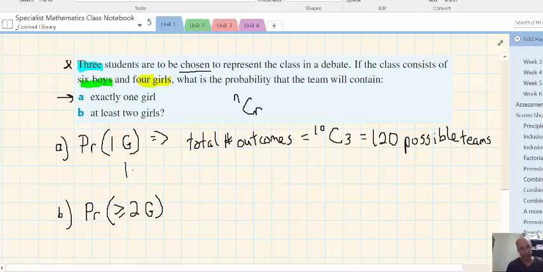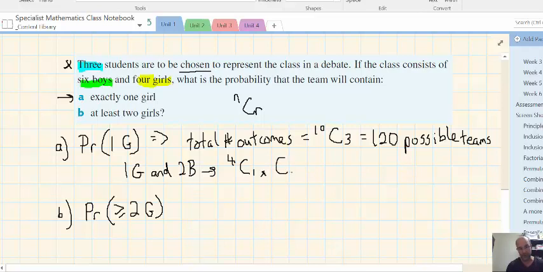Now, for the number of ways that can happen, we need to realize that we're choosing 1 girl and 2 boys. So we're looking for the numerator of our probability formula. We're going to use an nCr for each of those, and basically we've got 4 girls and we're choosing 1 out of 4, and the "and" means multiply, so multiply.